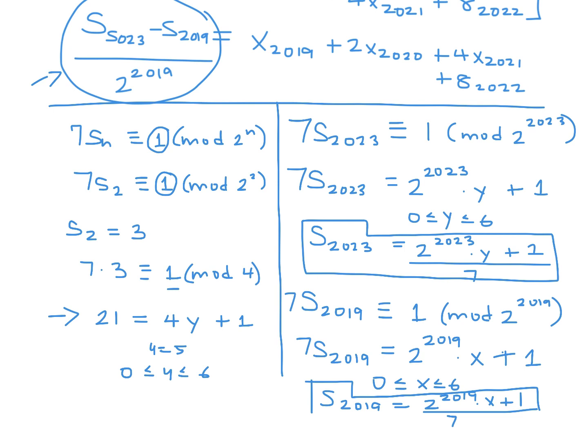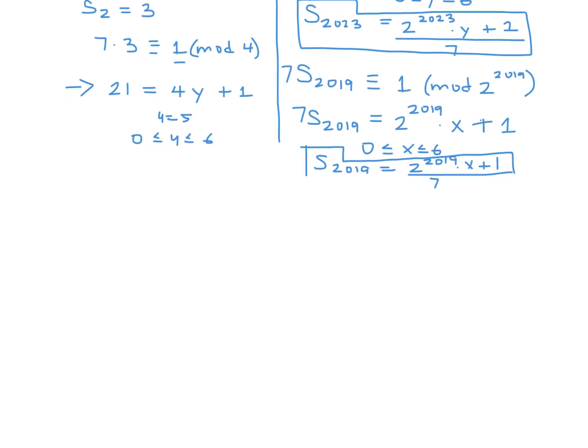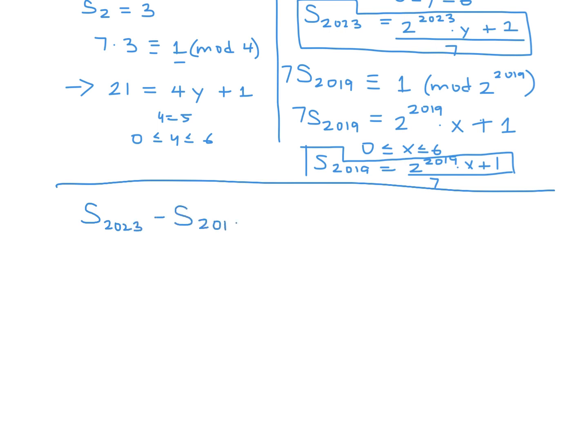So let's see here. S2023 minus S2019 over 2 to the power of 2019. Okay, so let's combine them. So we have S2023 minus S2019 all over 2 to the power of 2019. Okay, so let's see what happens when I substitute these guys.